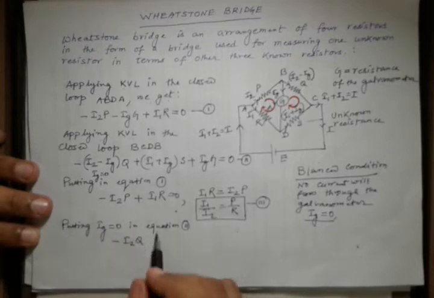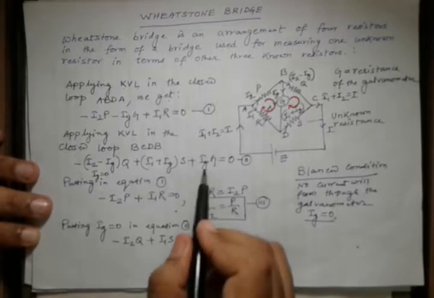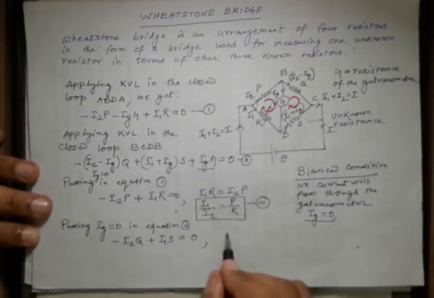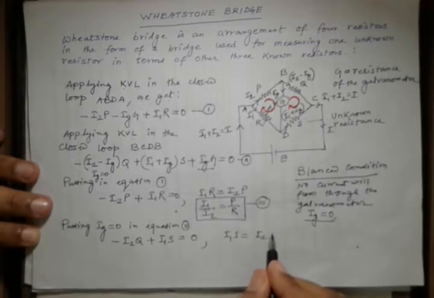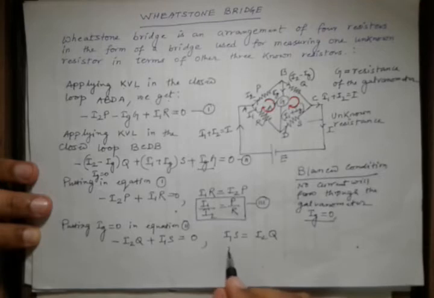Minus I2 into Q, then plus I1 into S is equal to 0, because the Ig term will become 0. Again we can write I1 into S is equal to I2 into Q. So we find the ratio I1 by I2 is equal to Q by S, equation number 4.